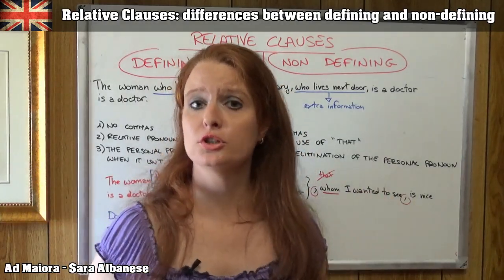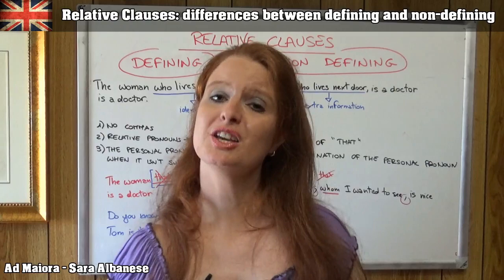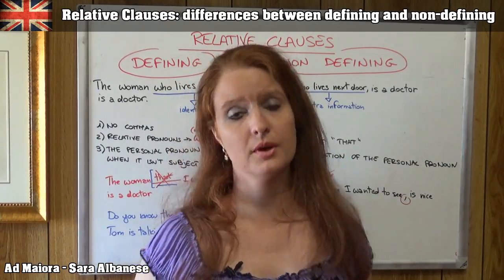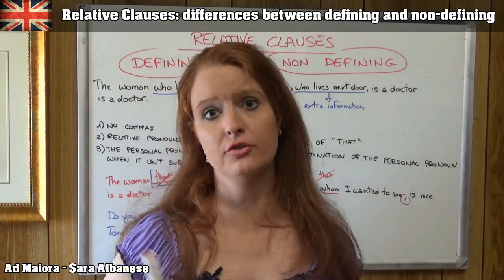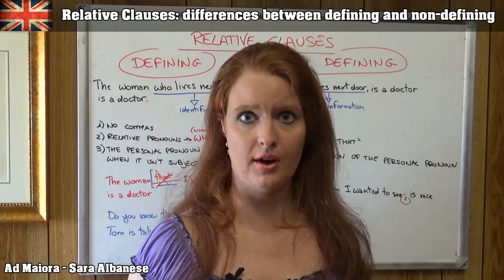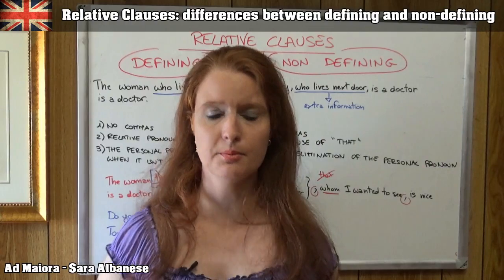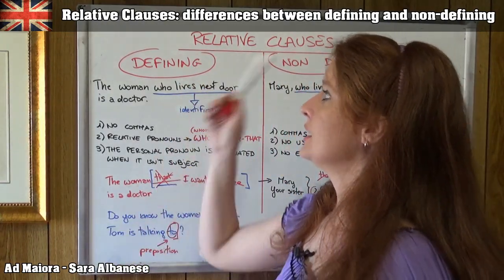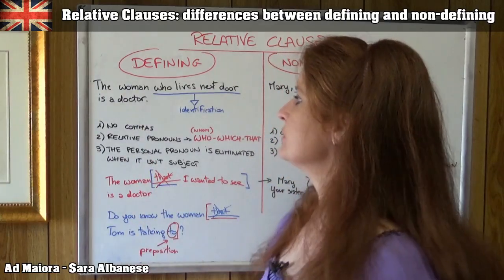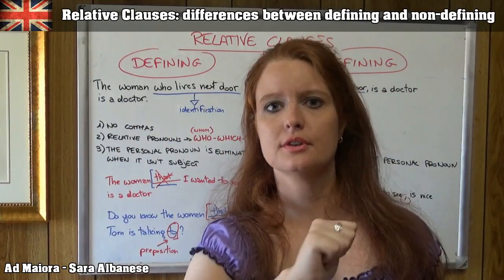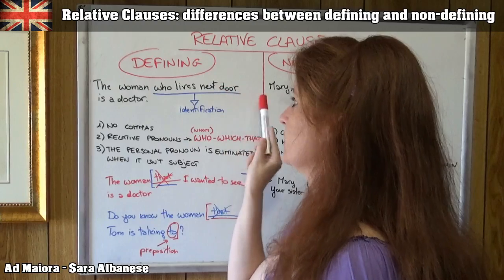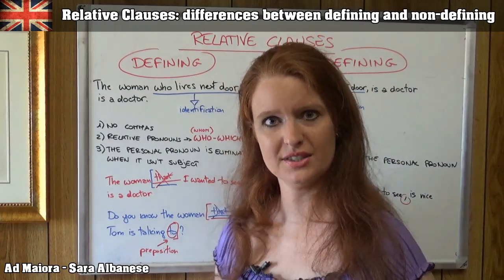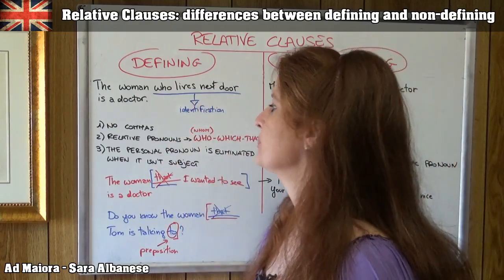So, it is important to remember this difference because we form relative clauses differently, depending on the fact that they are defining or non-defining. Let's see what I'm talking about. First of all, for relative clauses which are defining, I won't use commas. You see here, there are no commas. It's a syntax mistake if I put commas here.